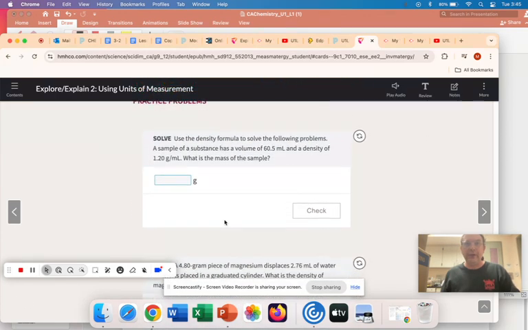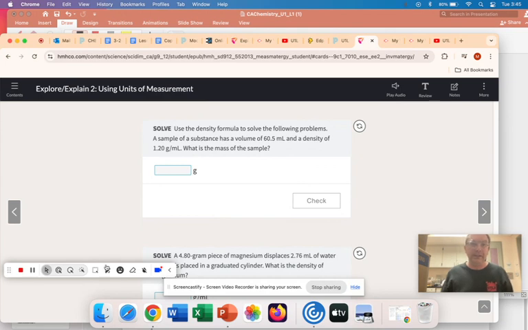So let's figure out this one. Use the density formula. A substance has a volume of 60.5 and a density of 1.2. What is the mass?